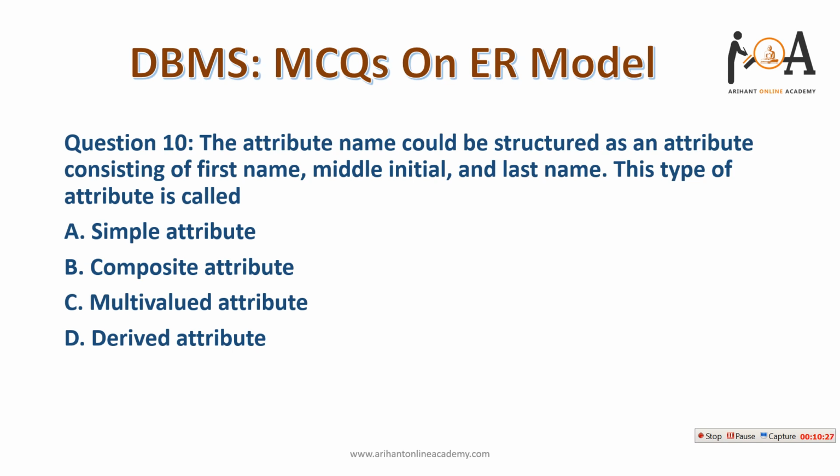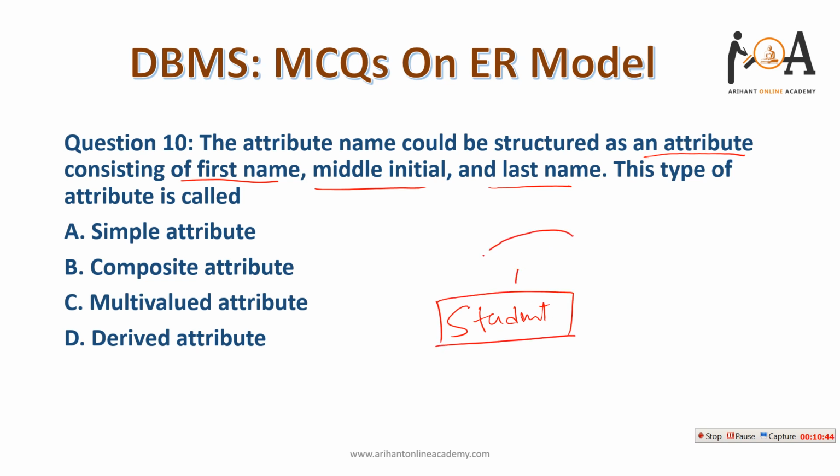And the next one is, the attribute name could be structured as an attribute consisting of first name, middle initial and last name. This type of attribute is called, so suppose a student entity is there and I am considering an attribute that is name. What is the name of student?